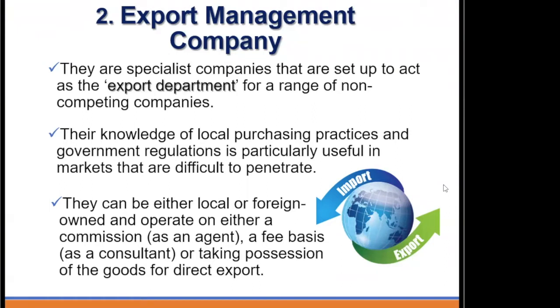Now, if the manufacturer, let's say, has pegged its price at 10 cedis per product, and the exporter who receives the goods is selling it at 25 cedis, based on the countries and the different locations, don't you think there'll be a price imbalance throughout? At that point, the manufacturer is out of the picture. So he has no say at all? He has no say. He has sold the goods to the export management company.